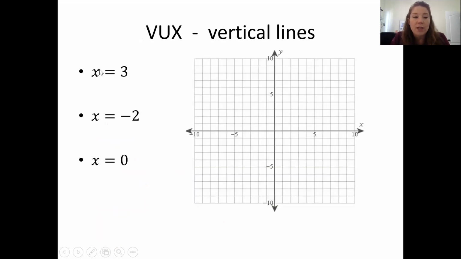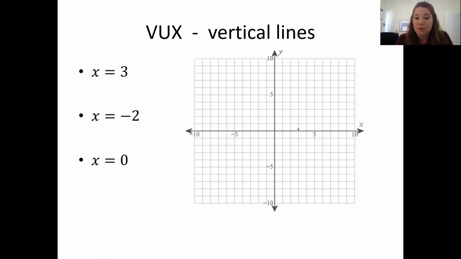So let's look at a few of these. If you notice, we only have an X in all three of these equations. So vertical, that tells us that we have a vertical line because we only have an X in the equation. Vertical means it goes this way, right? So you're going to find 3 on the X axis.